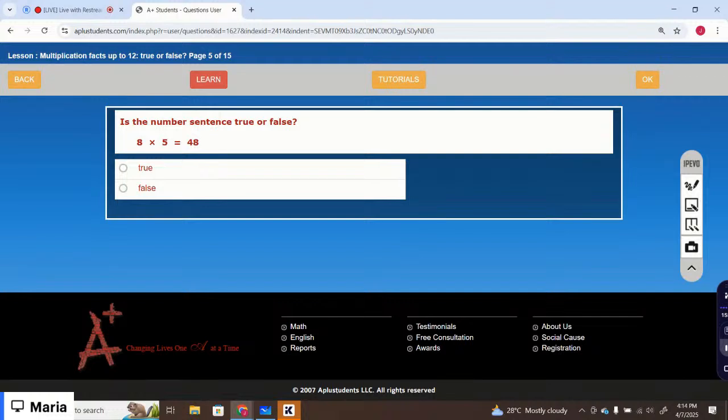Is the number sentence true or false? 8 times 5 is 48. Is it true or false?